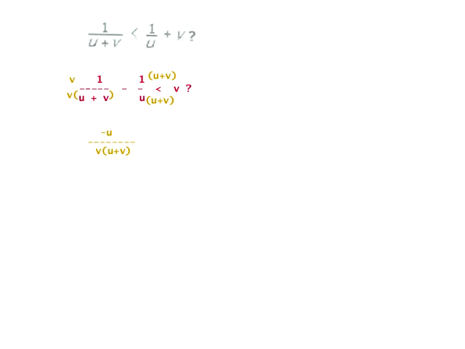So it is negative u over that, less than v? Yeah, you would have to multiply by u, yes you would. I'm just seeing if you're paying attention. And it looks like you are, that's good. So that's going to be u minus v, that's just going to give you that. All right, and the bottom is this.